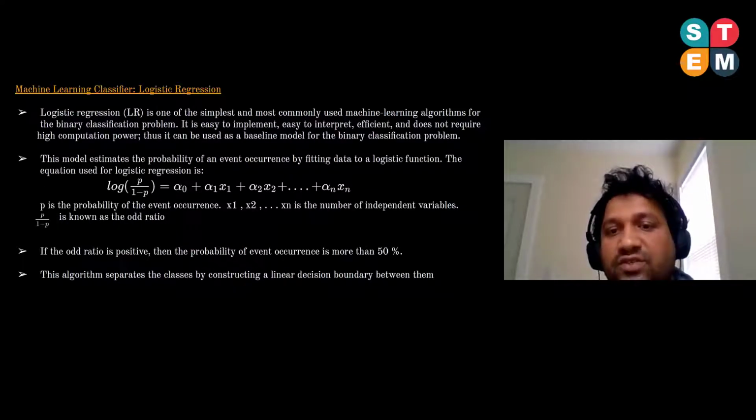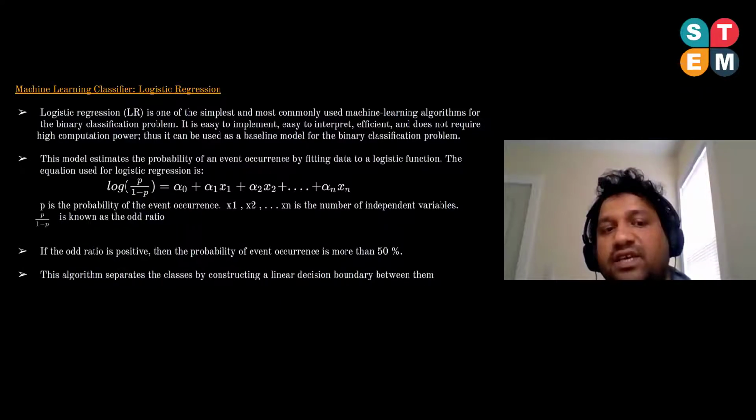If this odds ratio is greater than one, then the probability of event occurrence is more than 50%. This algorithm separates the classes by constructing a linear decision boundary between them. Here we used this baseline classifier model to distinguish these two classes.